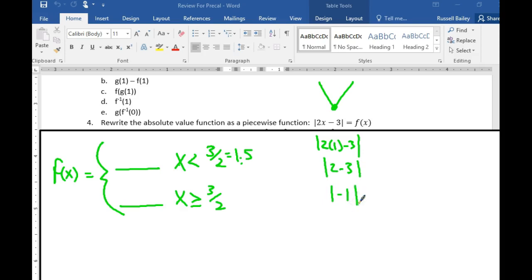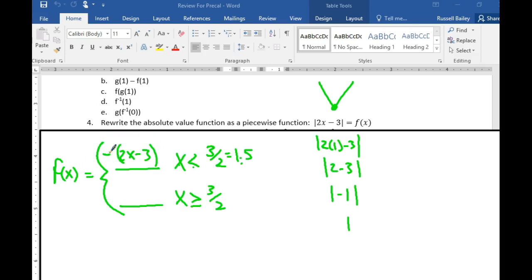Now here's our question. Is the absolute value going to change the sign of that value? The answer is yes. It changes it to a 1, right? So that tells me that for anything to the left of 1.5, our 2x minus 3 is going to end up having its sign changed.